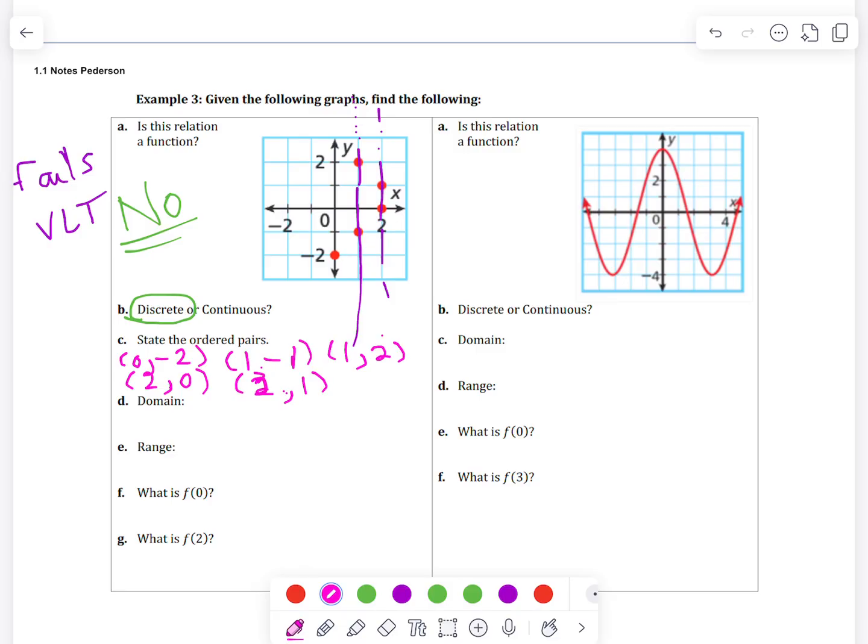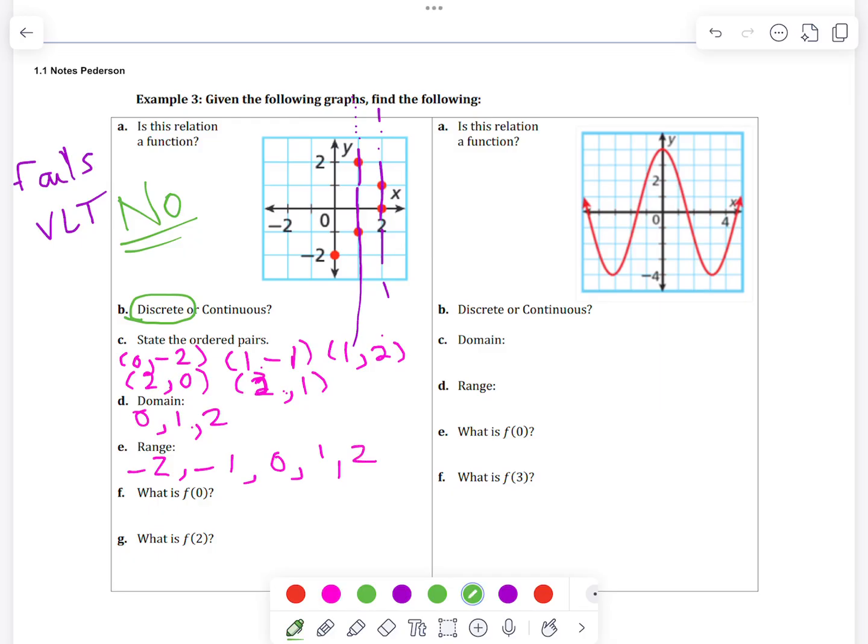The domain is going to be all your x values, 0, 1, and 2. The range will be all your y values, -2, -1, 0, 1, and 2.